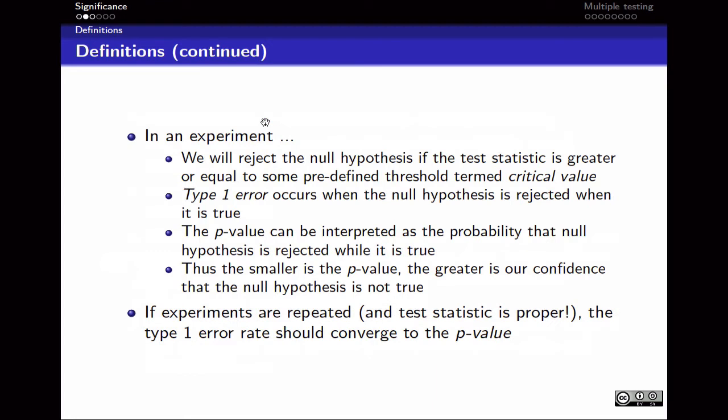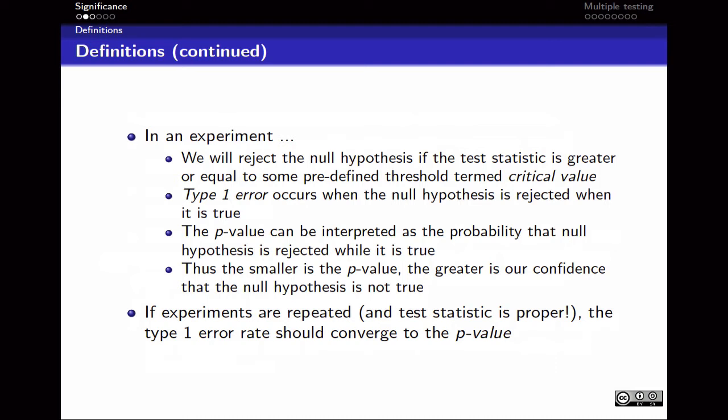So let's continue with a few more definitions, and in an experiment we will reject a null hypothesis of no association if the test statistic is greater or equal to some predefined threshold, which is termed critical value, at which we reject the null hypothesis.